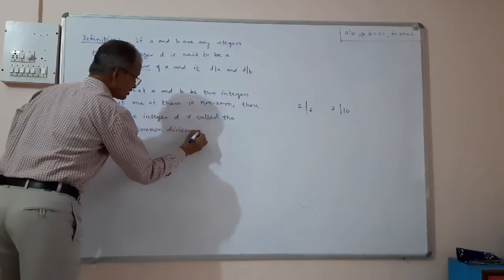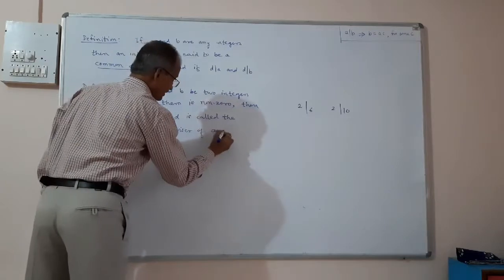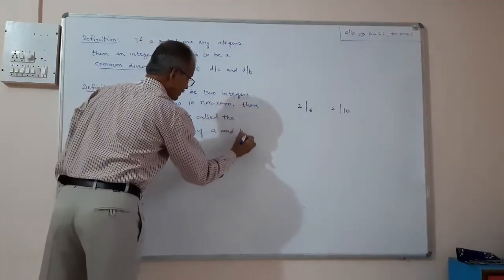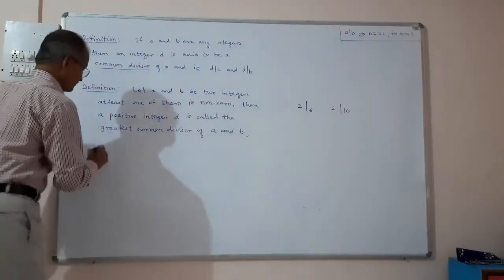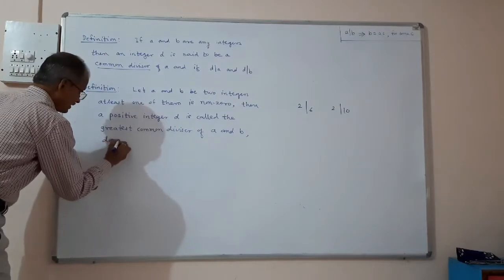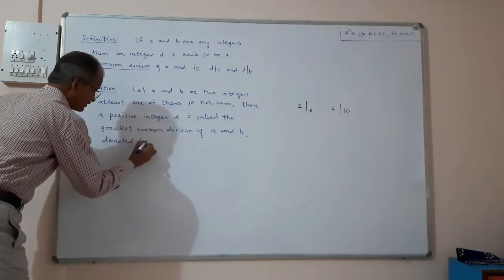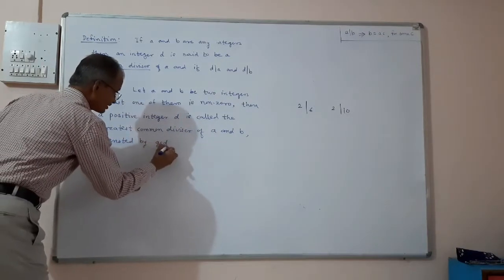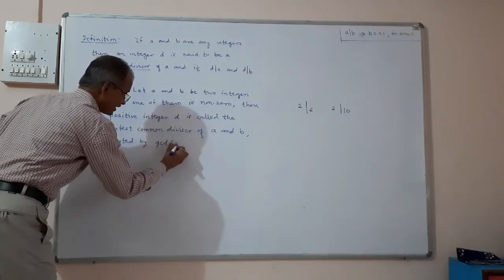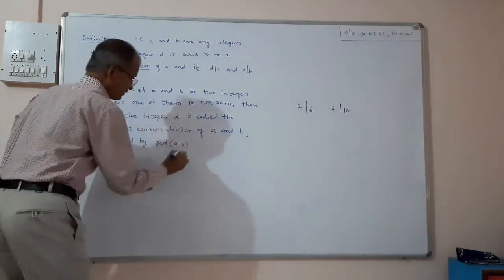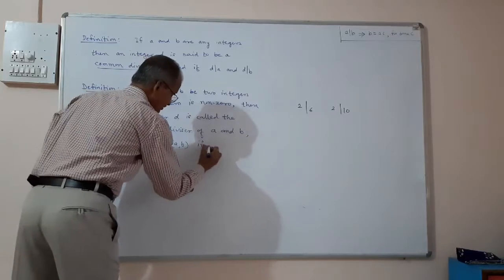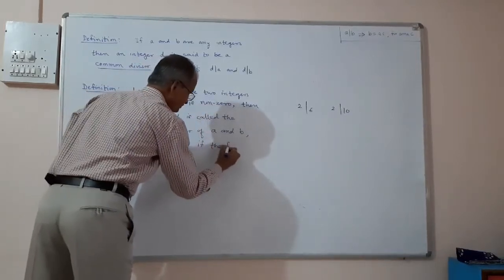Greatest common divisor of A and B, denoted by GCD. In short, D is the greatest common divisor of A and B if the following holds.